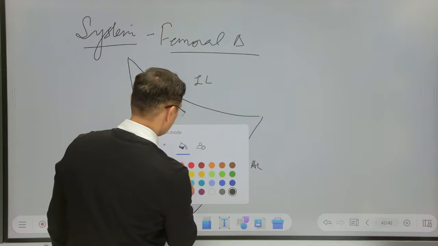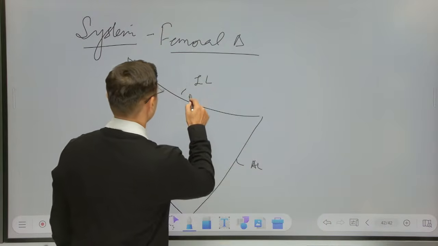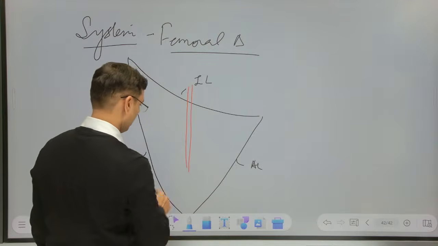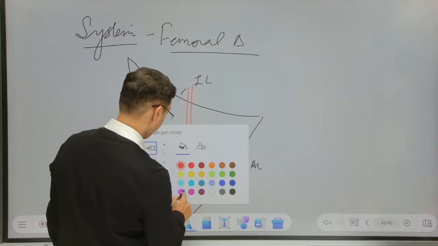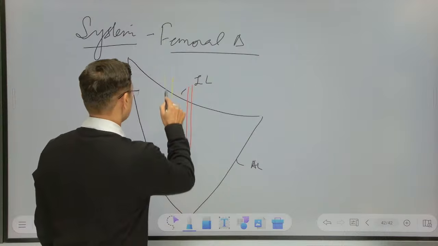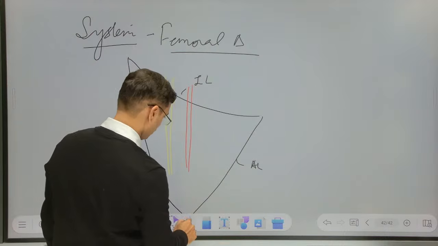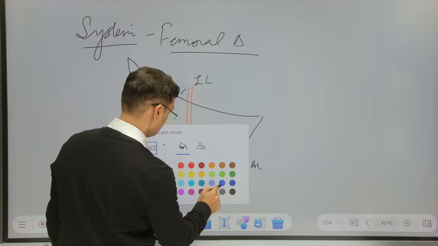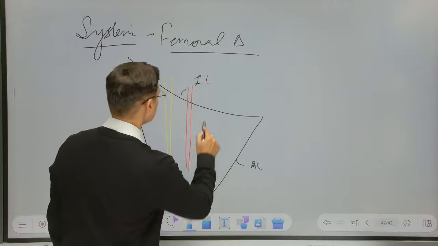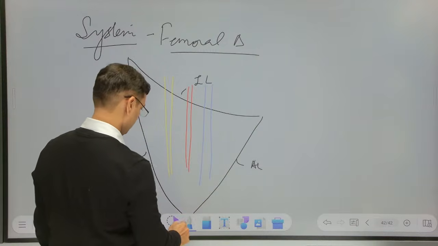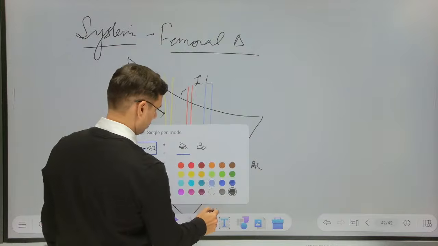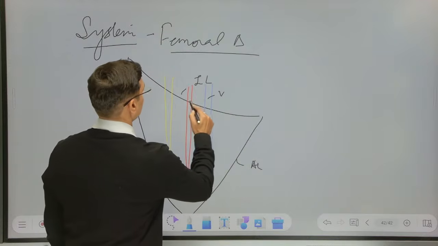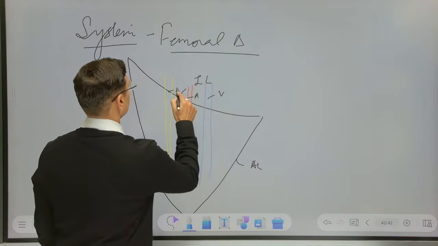I will make some. This is artery, this is nerve, and let's say this is the vein. So this is vein, this is artery, and this is nerve.